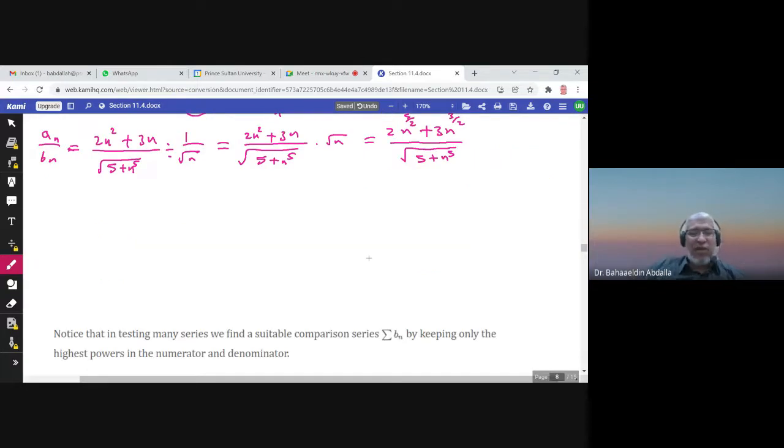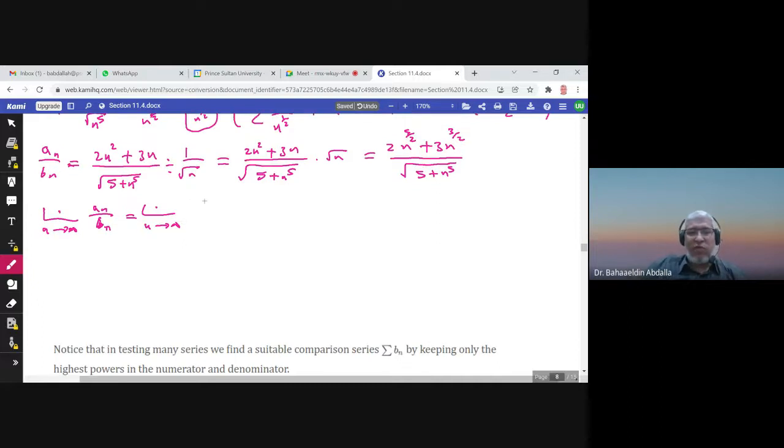Now, when I find the limit of An over Bn when n approaches infinity, we deal with the term with the highest power. So I have 2n to the power 5 over 2, and here n to the power 5 over 2, square root of n to the power 5.